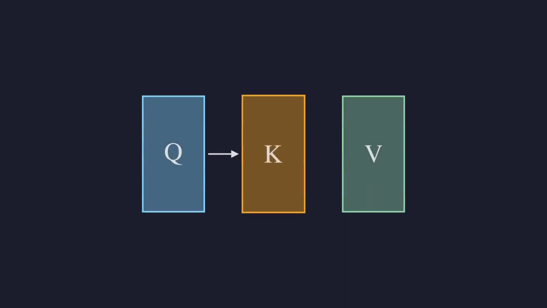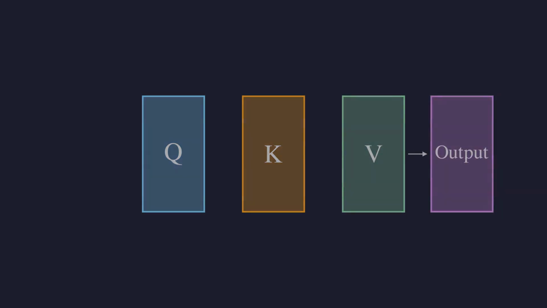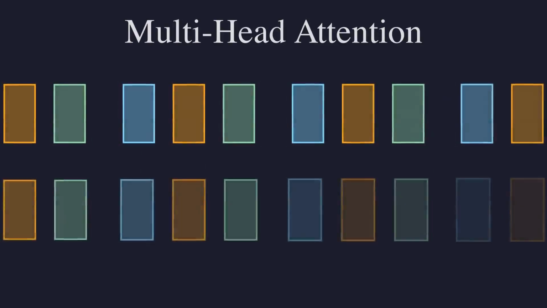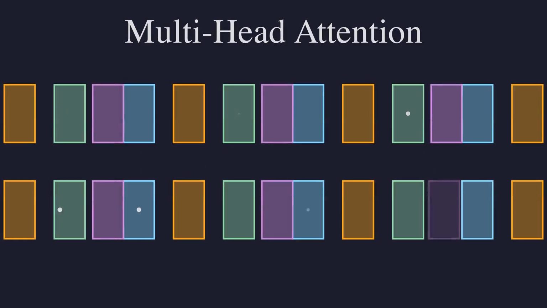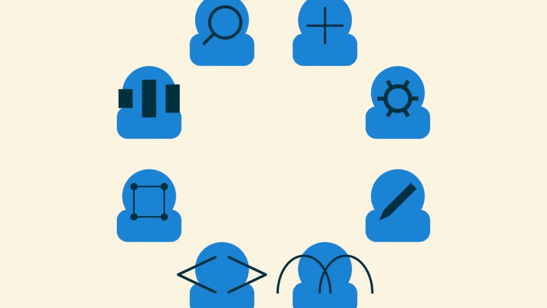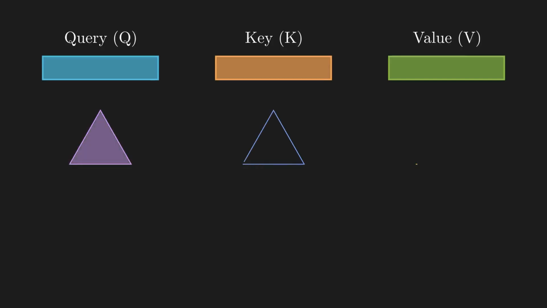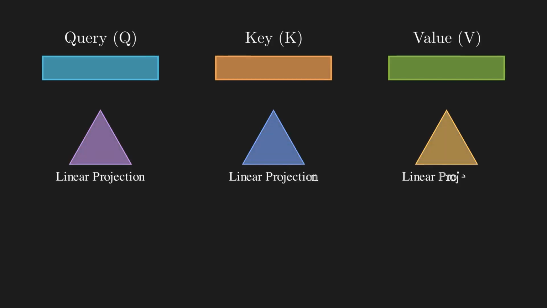Instead of performing just one attention calculation, the transformer does it multiple times in parallel. This is multi-head attention. Think of it this way: instead of one person reading a sentence to understand it, you have a committee of 8 experts. Each head receives a slightly different learned projection of the queries, keys, and values.